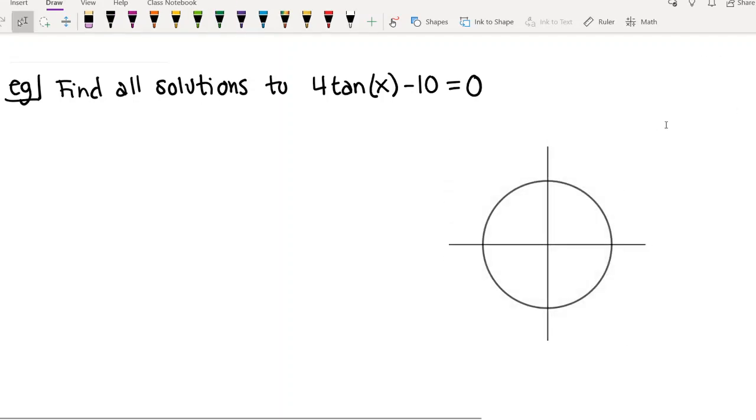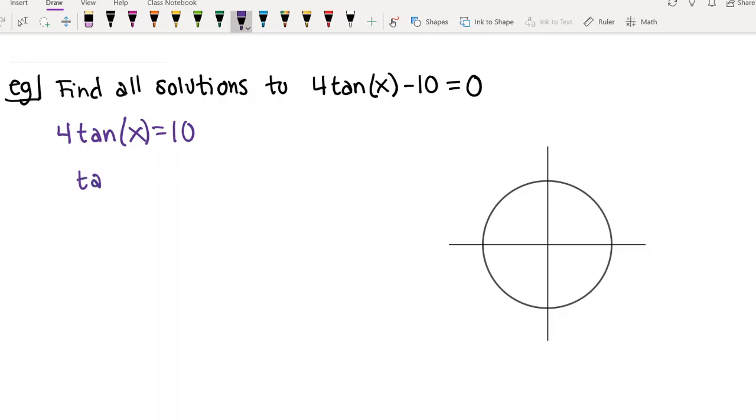So let's start by isolating tangent. We would get 4 times tangent of x is equal to 10, if we add 10 to both sides. And then we get tangent of x is 10 over 4, which can be reduced to 5 over 2.